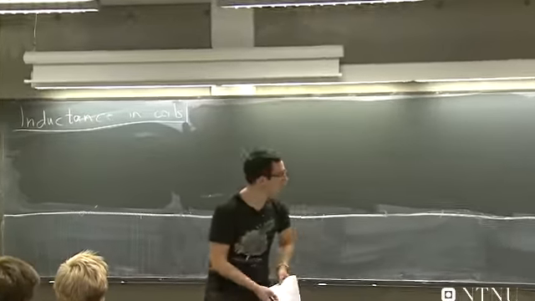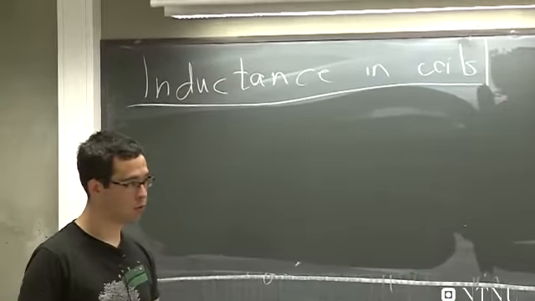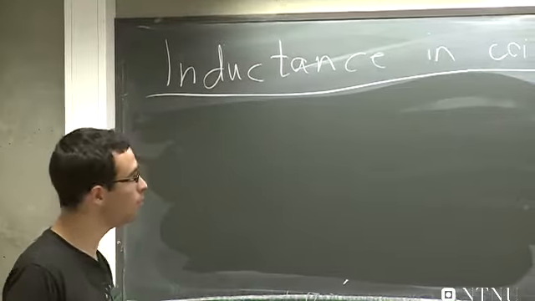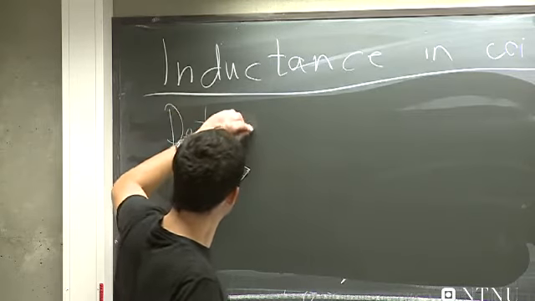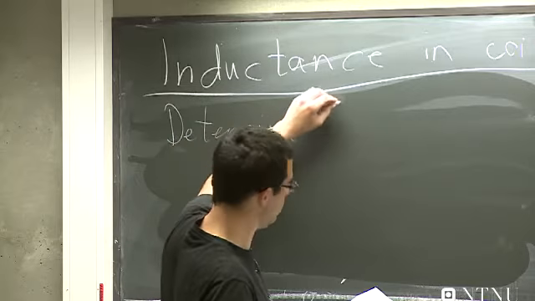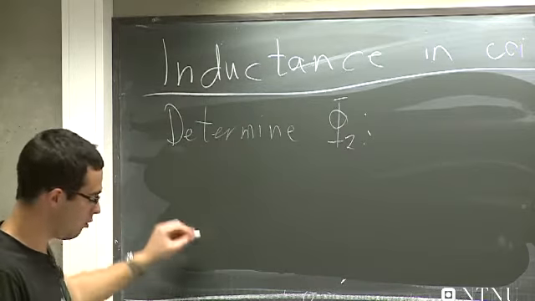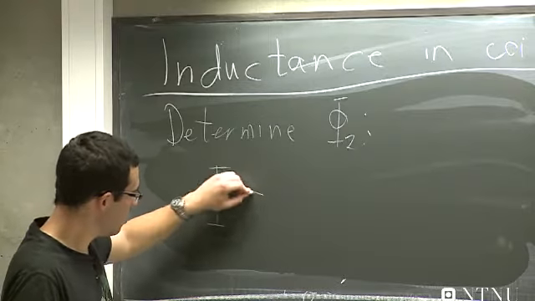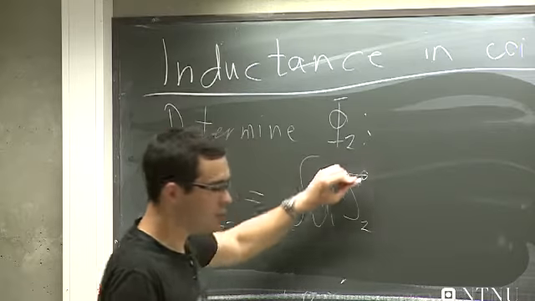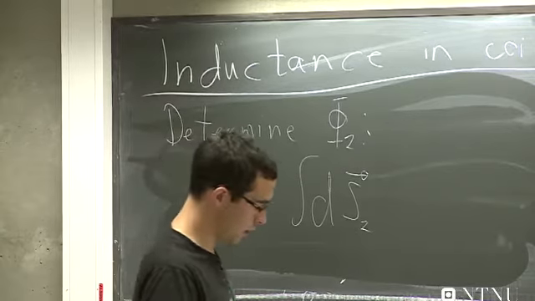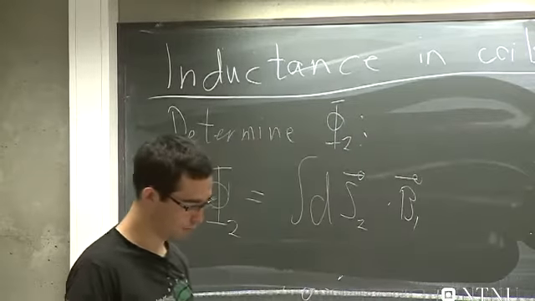Okay, so let's try to calculate phi 2, because then we can find how to calculate M21, or just M. And by the definition, it's the surface integral over loop 2, ds2 dot B1, the field from loop 1.